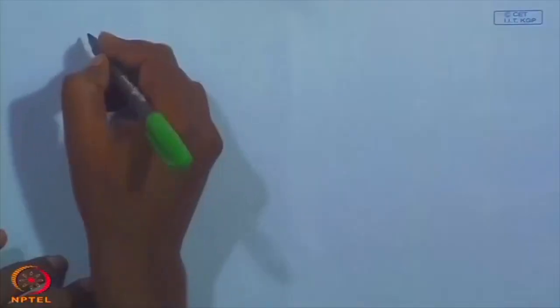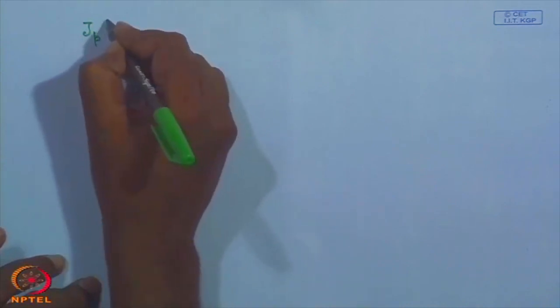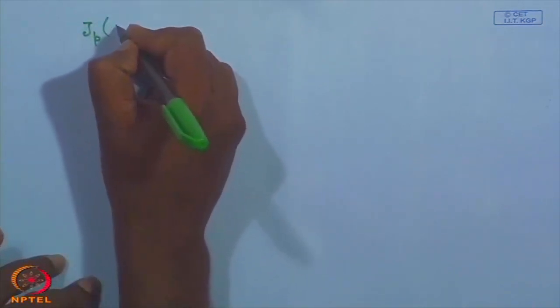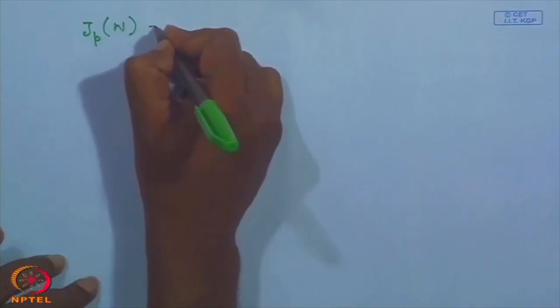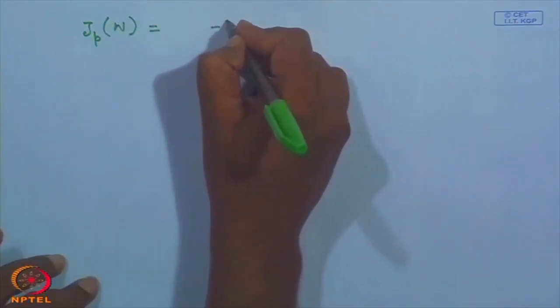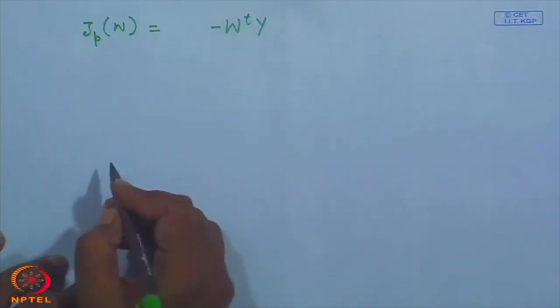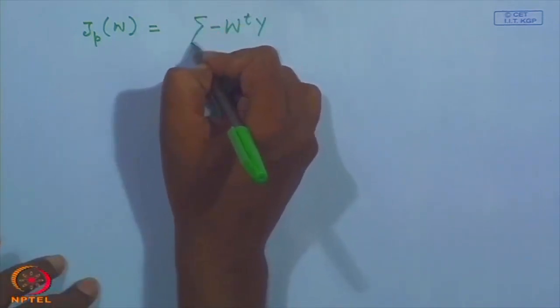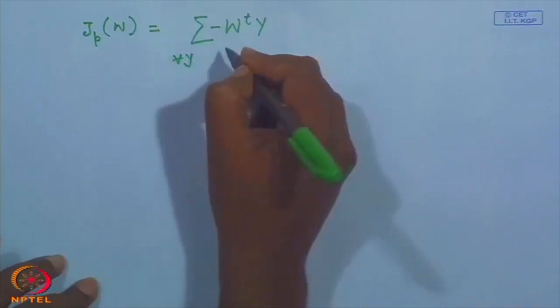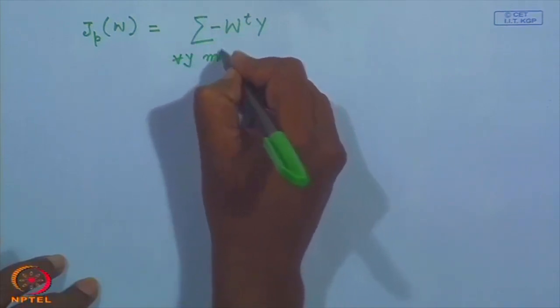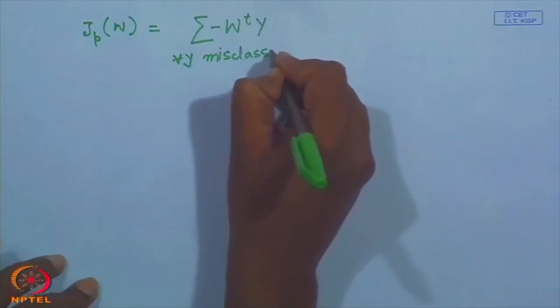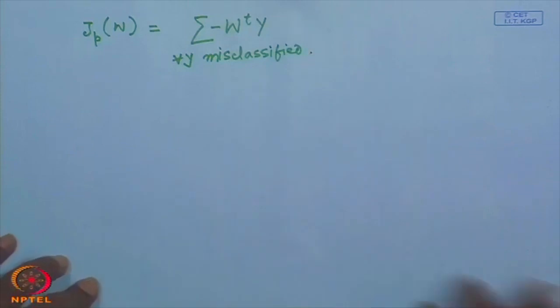If you remember, in case of perceptron criteria, the criteria function for designing of the classifier was something like this: Jp of W, which was given by minus W transpose Y, where this summation is taken over all Y which are misclassified. Okay.